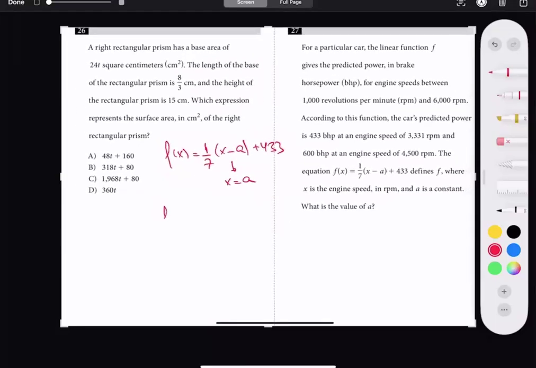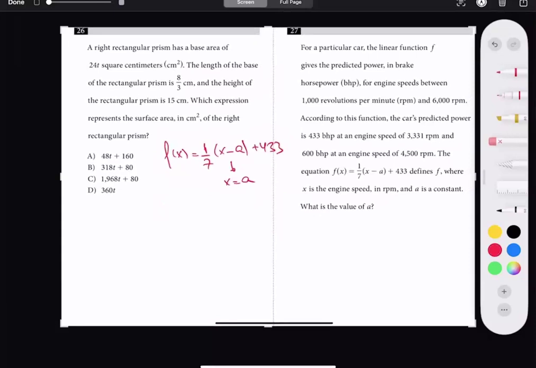when x is equal to a, f of a is equal to 433.